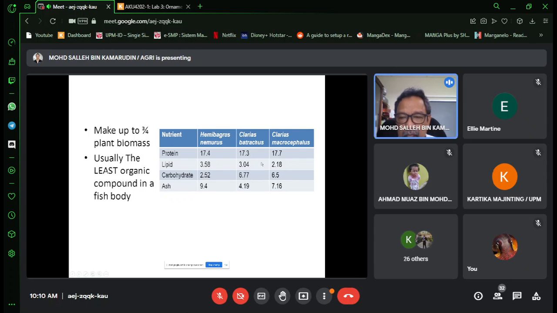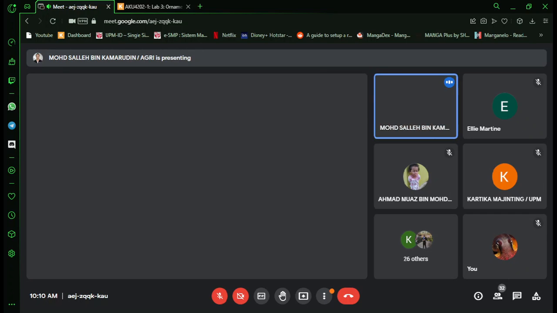lipid. But in this case, it's the other way around. Remember that in those days, the Clarias and Microcephalus were not cultured. They were wild caught, so it's slightly different.